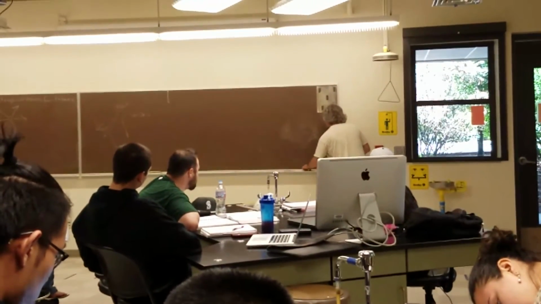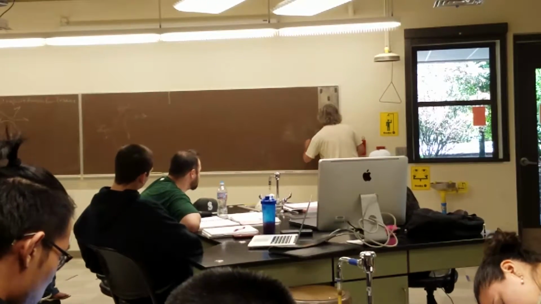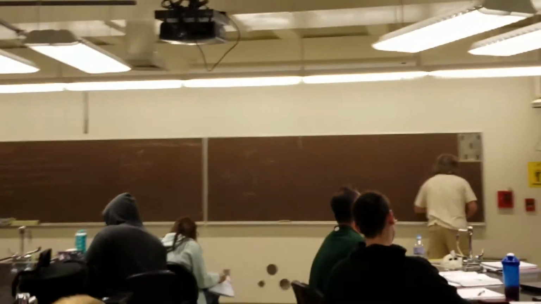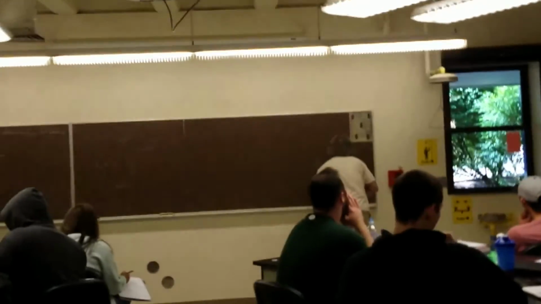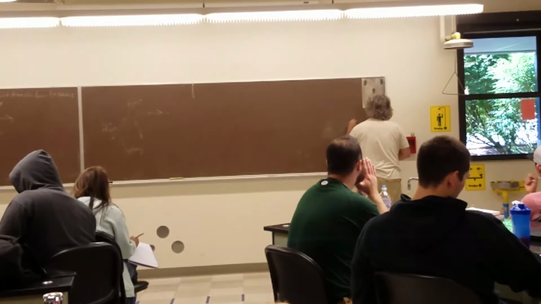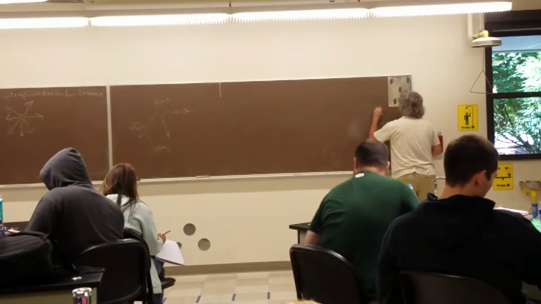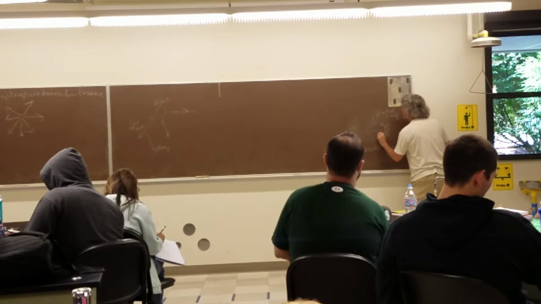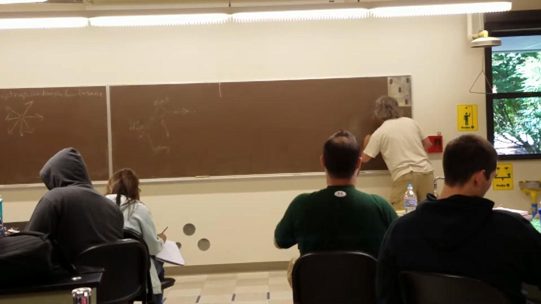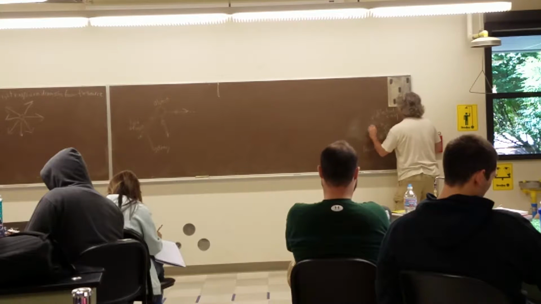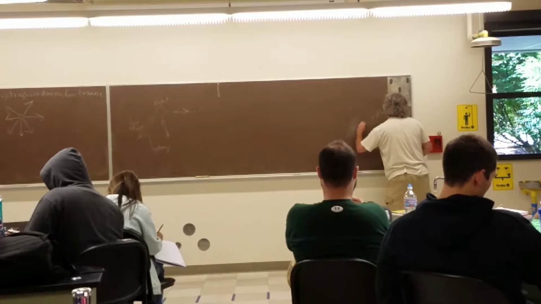If this light ray is coming in like this and leaving like that, we'll say this is the incident beam, the incident ray. And we'll call this one over here the reflected ray. We'll call that the angle of incidence, and this one over here is the angle of reflection.